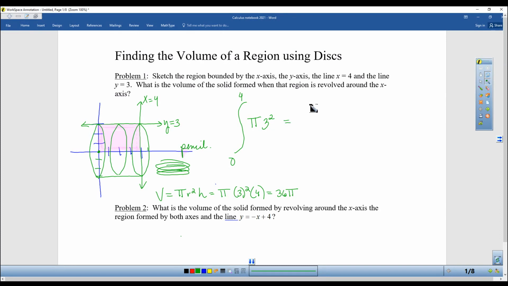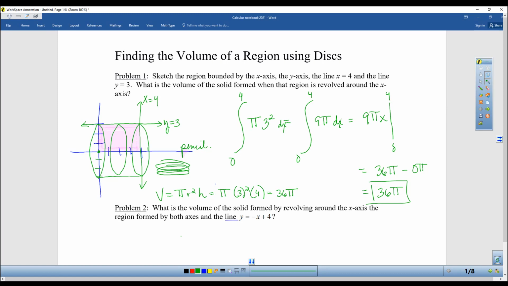So now I have the integral of 9 pi from 0 to 4. I'm going to put a little dx here, which is funny because there is no x in the problem, but there will be now that I integrate. 9 pi x from 0 to 4, which is equal to 36 pi minus 0 pi, which is 36 pi.